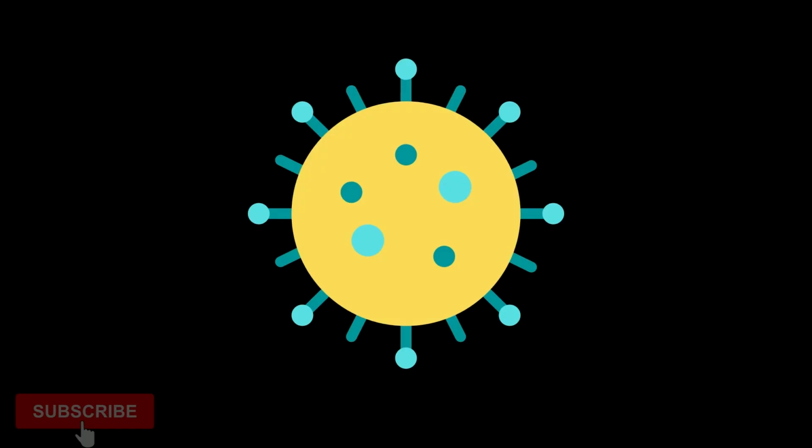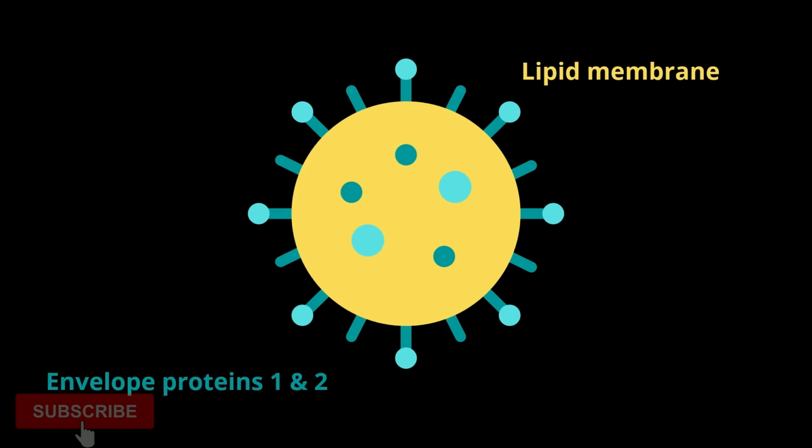So hepatitis C virus is a small virus belonging to the Flaviviridae family, and it's an enveloped virus. It consists of a lipid bilayer, a lipid membrane, which is very similar to a cell membrane. In this lipid membrane, there are different envelope proteins which project as spikes from the surface of the viral particle.